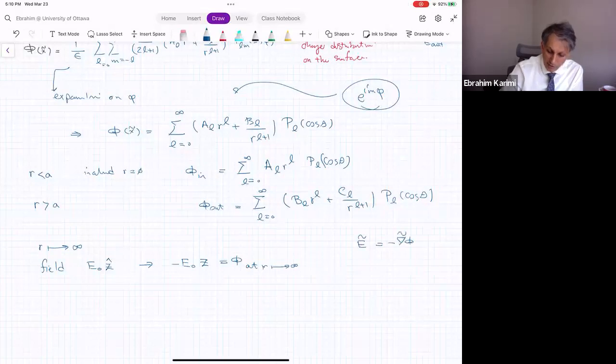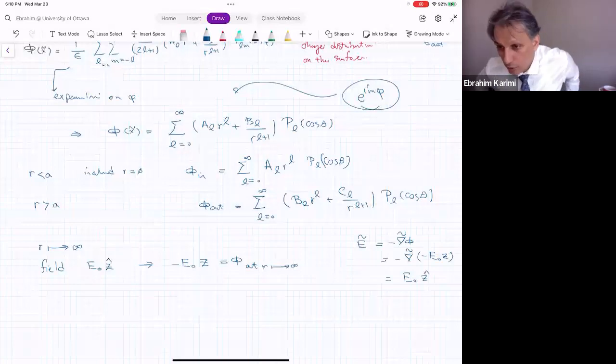If phi is given by minus E0 z, then that will be E0 z hat, which is what we started with. Or essentially, you can take just the integral and then find the potential from the electric field.